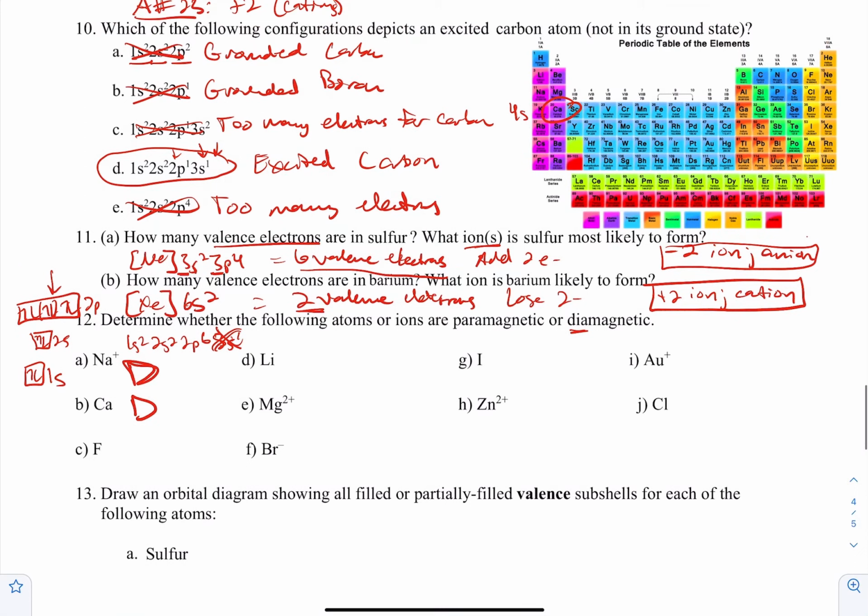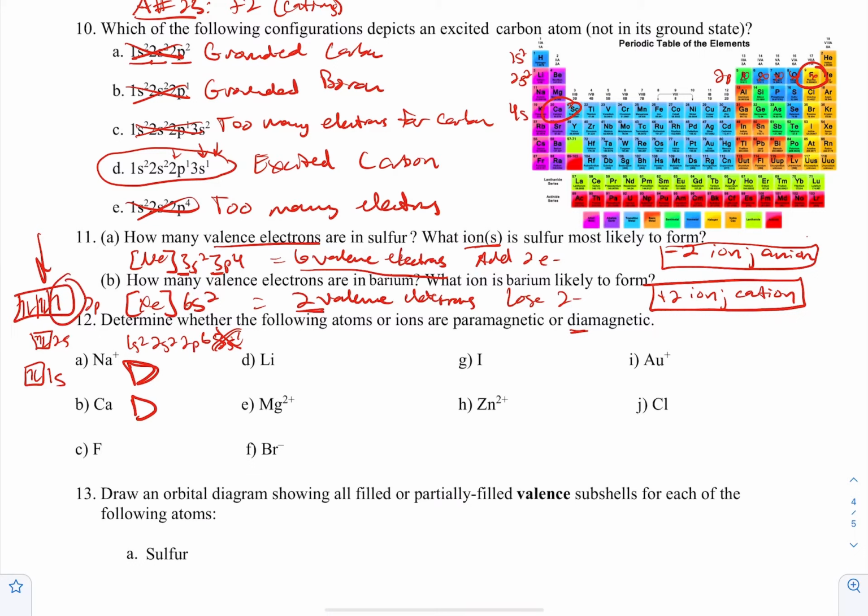Okay, regular fluorine. Where's fluorine? Fluorine is right there, okay? We went through the 1s2, and then we went to 2s2, and then we got to 2p, and we got 1, 2, 3, 4, 5. So if I were to draw this out, let's use this diagram I have here. Okay, I've got the 2p, let's go ahead and redraw this, sorry. 1, 2, 3, 4, 5, like that.